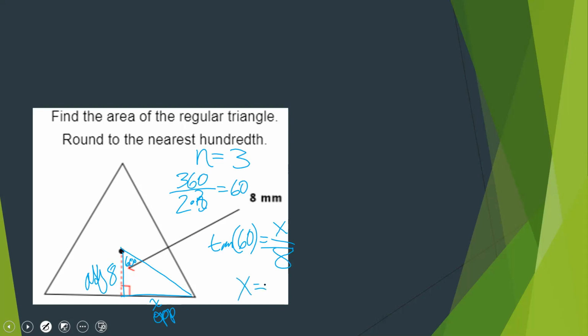And x is equal to 13.86 rounded off. So now we can plug that into our area formula.